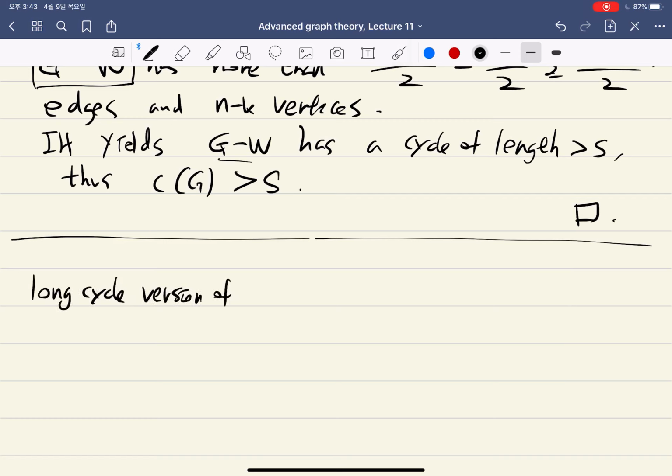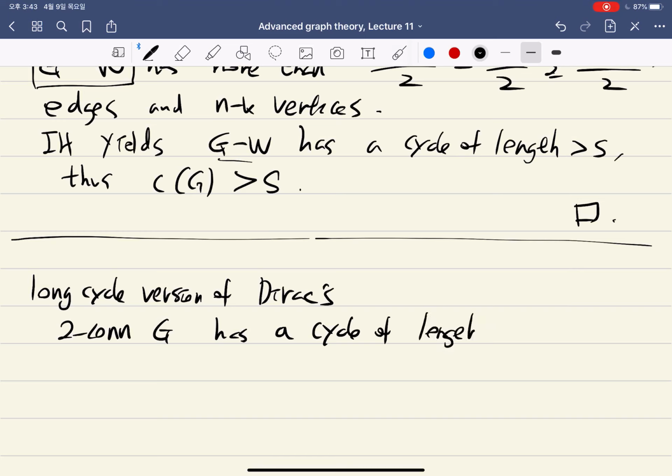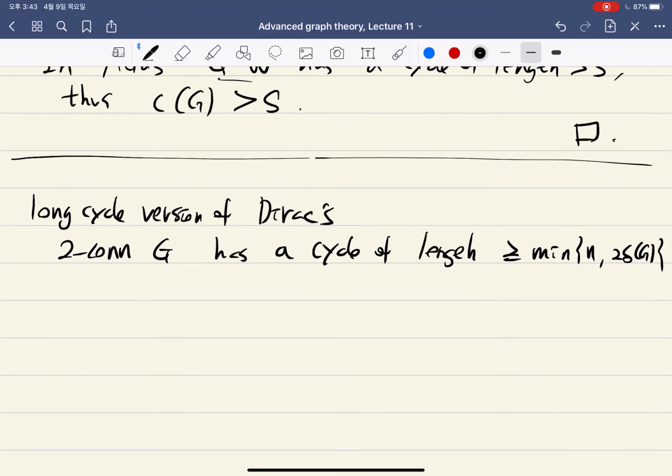The long cycle version of the Dirac theorem says that if we have a two connected graph G, then it has a cycle of length at least the minimum of n or 2 times its minimum degree. And we add this two connected condition to eliminate the case of this.